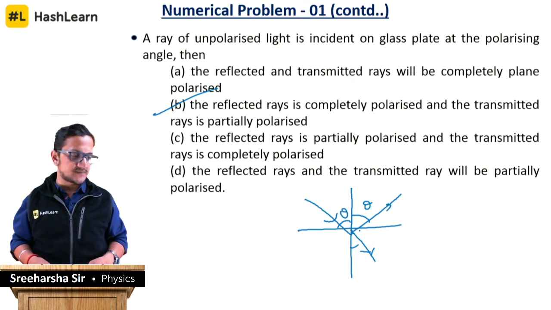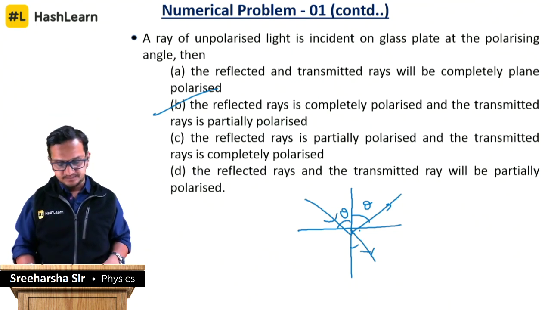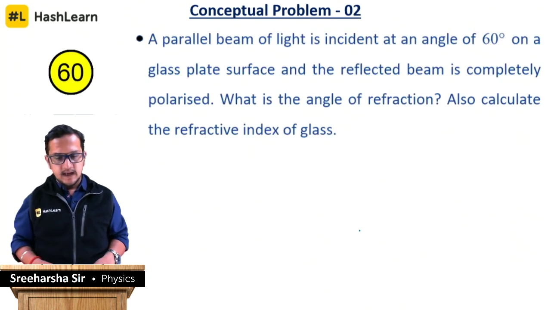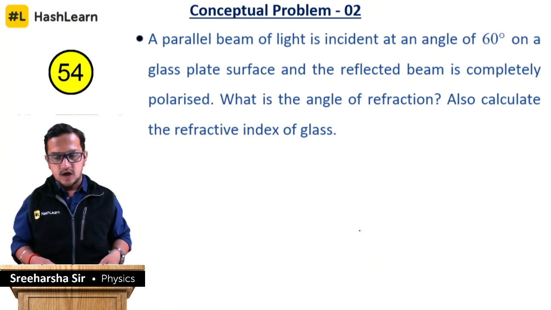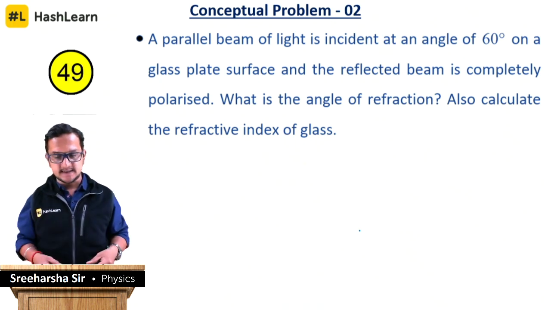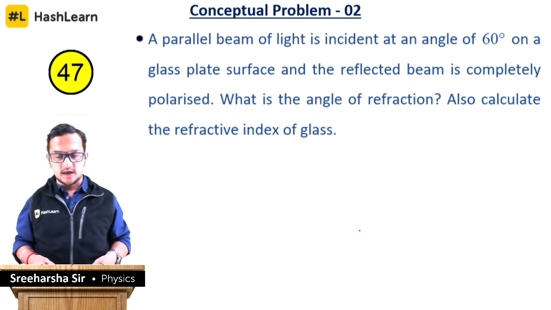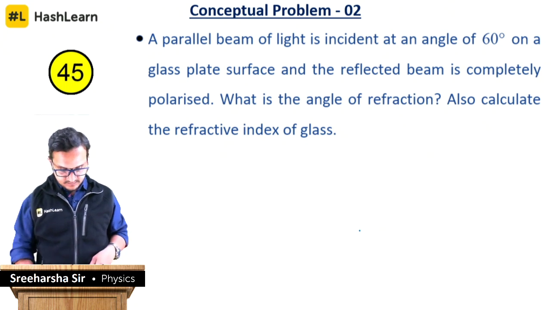So now we have the next problem on the screen. A parallel beam of light is incident at an angle of 60 degrees on a glass plate surface and the reflected beam is completely polarized. What is the angle of refraction?